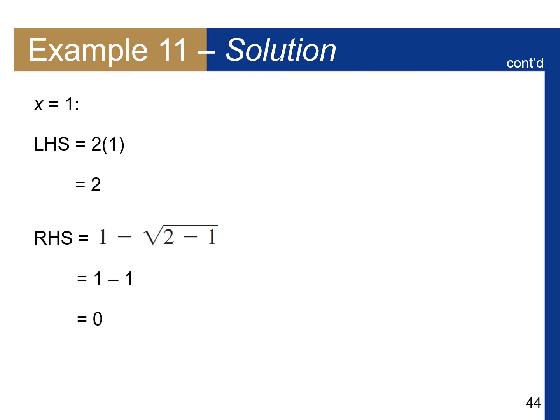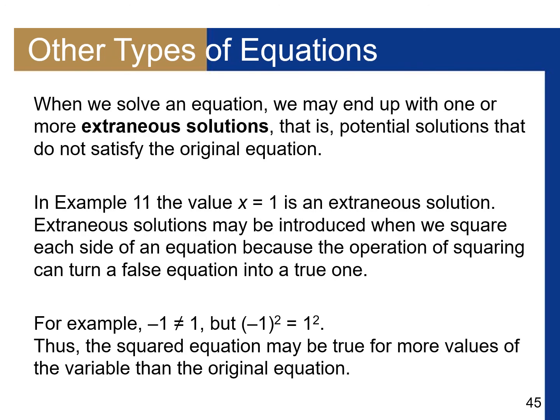So since they're not equal, x equals 1 is not a solution. And that's where this symbol comes in, which means not equal to. So if we end up with one or more extraneous solutions, possible solutions that don't work, that can happen sometimes.